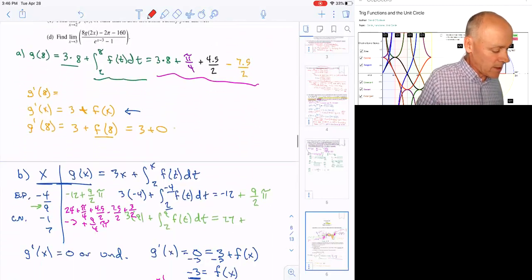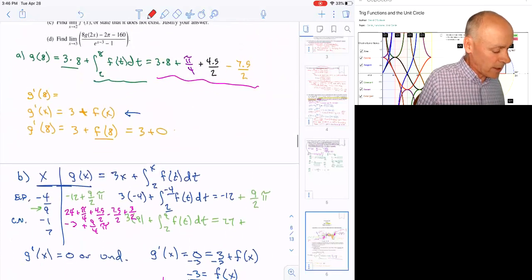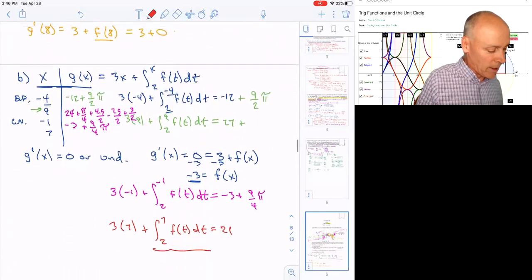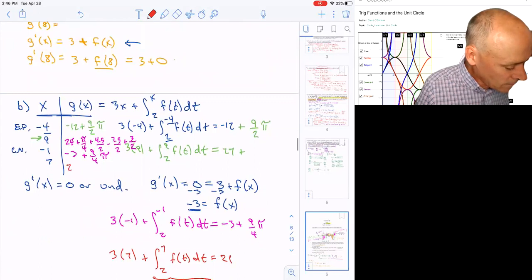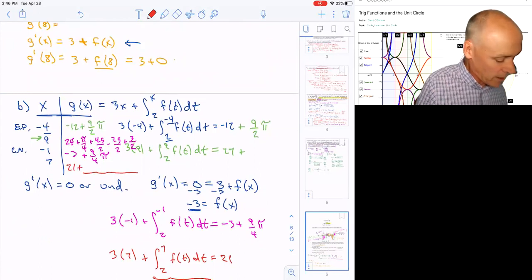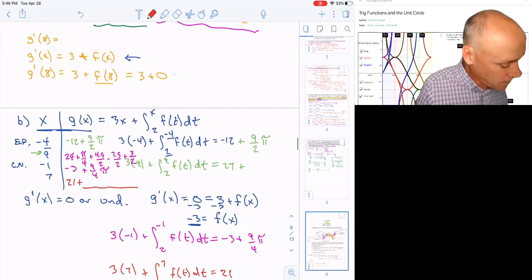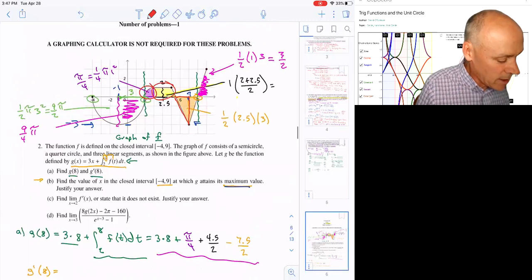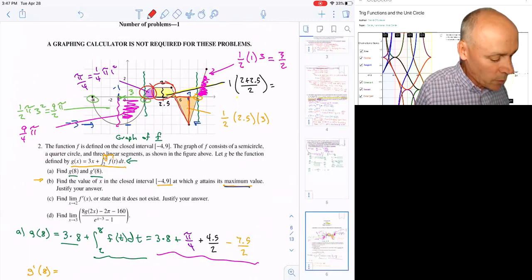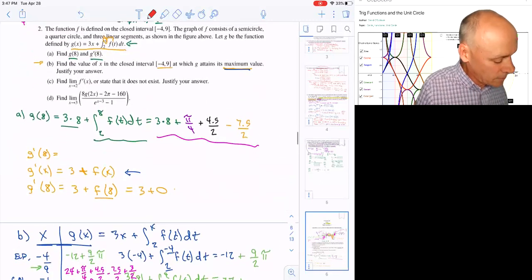Okay, so that's going to be that piece. And again, I'm going from left to right, so I can just take it the way it is. So it's 21 plus the quarter circle, which is pi over 4, plus the trapezoid, which was my 4.5 over 2.